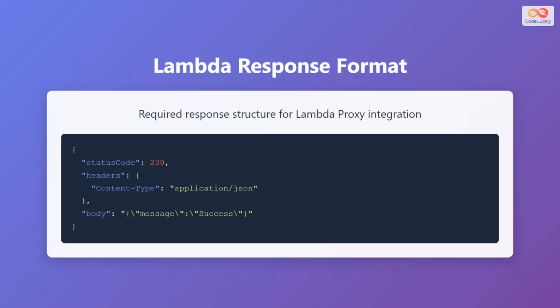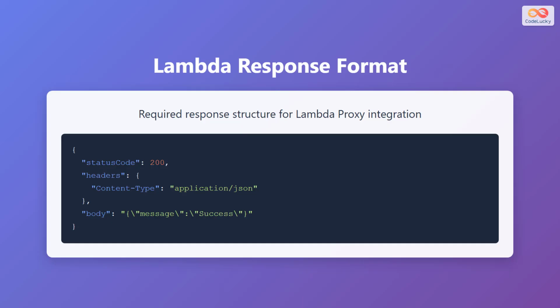When using Lambda Proxy integration, your function must return a response in a specific format. The response must be a JSON object containing three key properties. First is the status code, which is an HTTP status code like 200 for success or 400 for client errors. Second is the headers object, which contains response headers such as content type set to application/JSON.